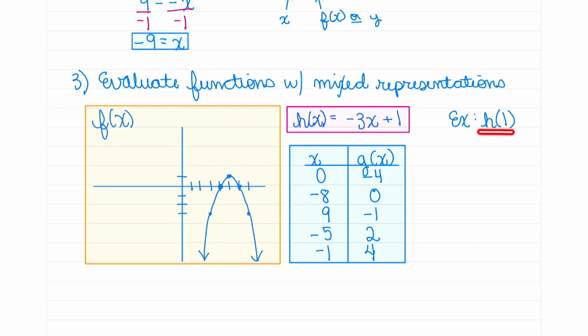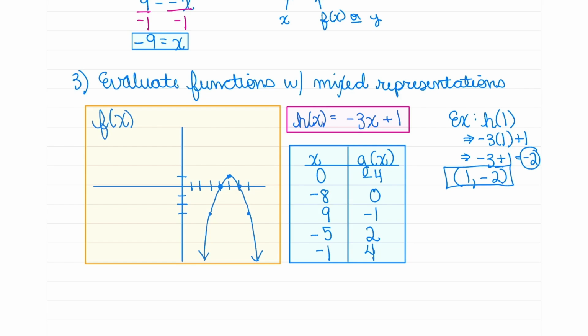So really, for this particular problem, this doesn't matter, and neither does this one. So let's go ahead and do that. H of 1 would be negative 3 times 1 plus 1, or negative 3 plus 1, which is negative 2. And that would be our final answer for that, 1, negative 2.